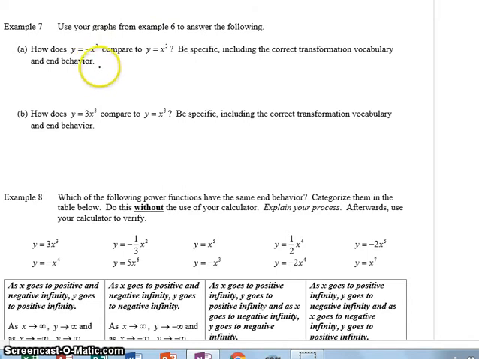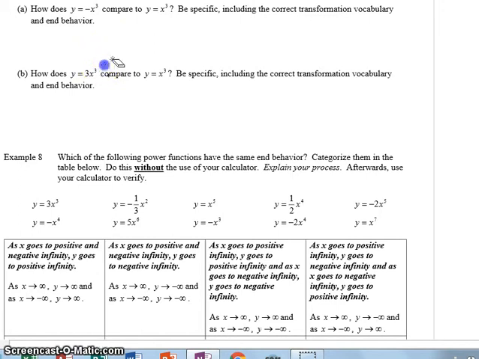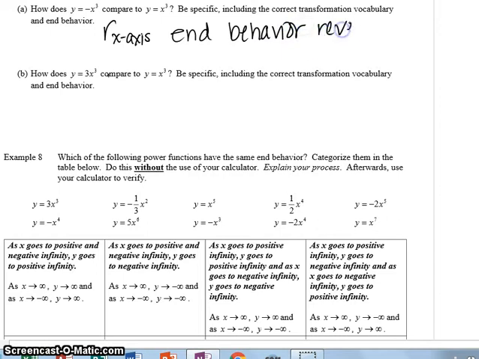All right, well, it's a reflection over the x-axis, and we already talked about that, okay? Its end behavior reverses, okay? So it completely switches. So what do I mean by that?